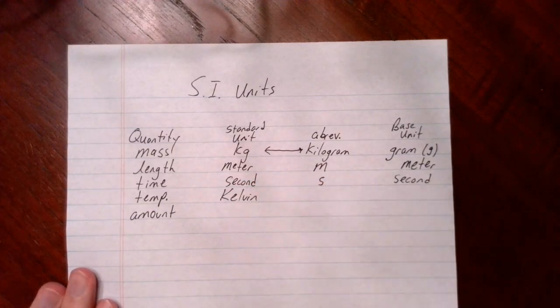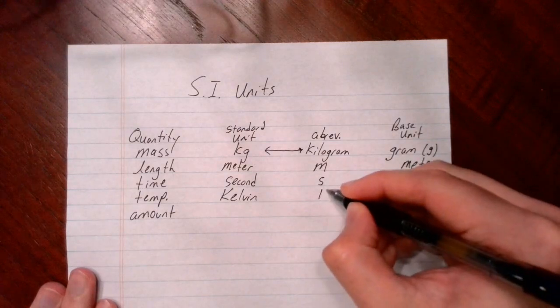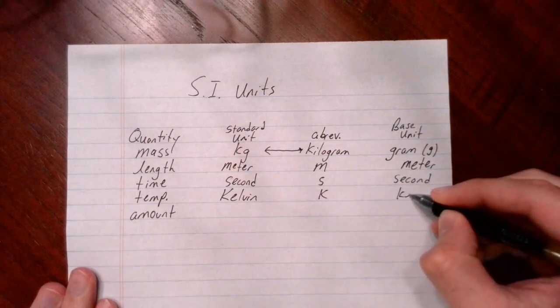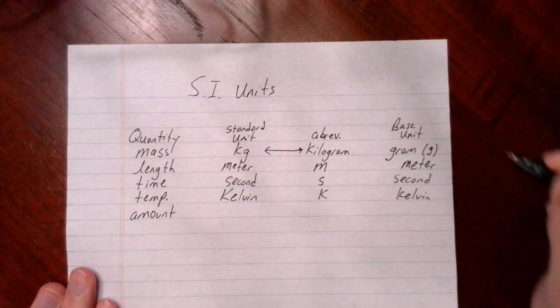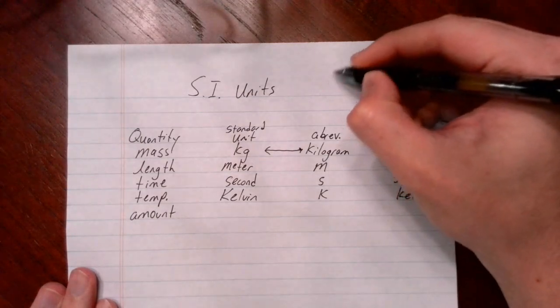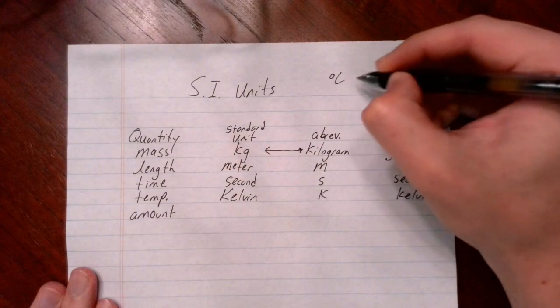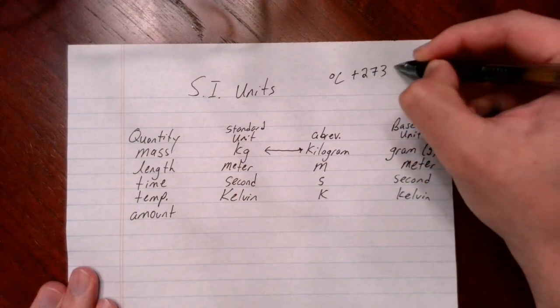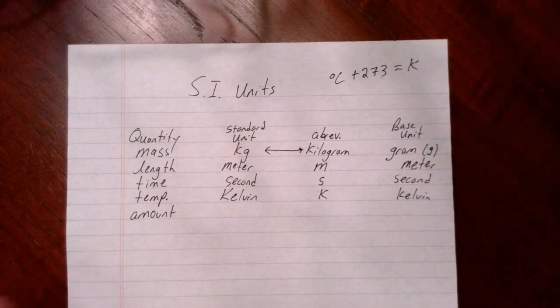The abbreviation is a capital K, and the base unit is a Kelvin. You can go ahead and make a note up here: degrees Celsius plus 273 is equal to Kelvin. So to convert from Celsius to Kelvin, we add 273.